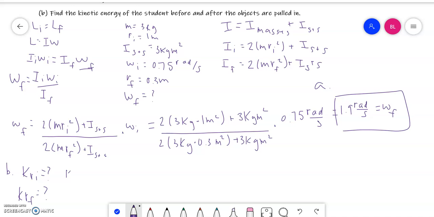And let's recall that our rotational kinetic energy equation is 1/2 the moment of inertia times the angular velocity squared. So the initial rotational kinetic energy is equal to the initial moment of inertia times the initial angular velocity squared.